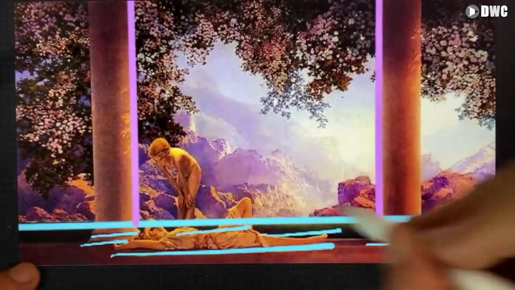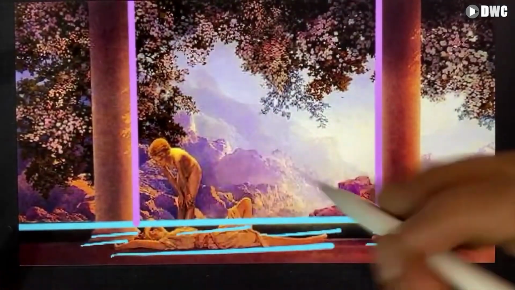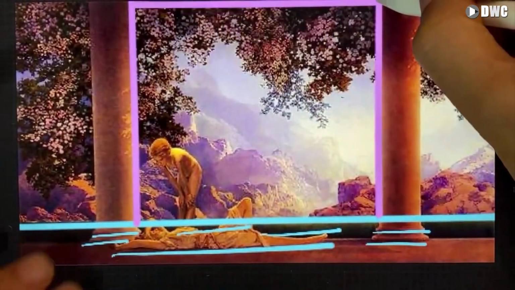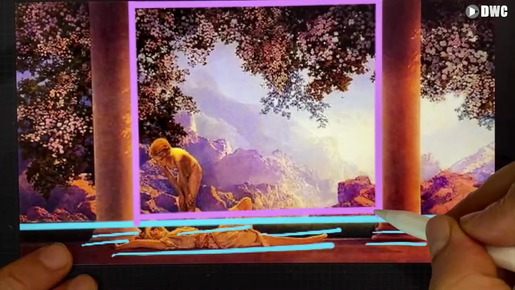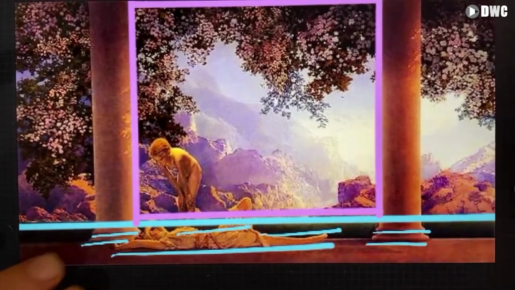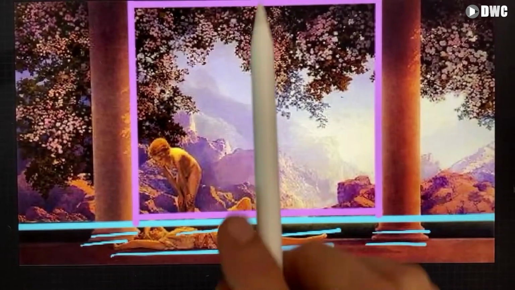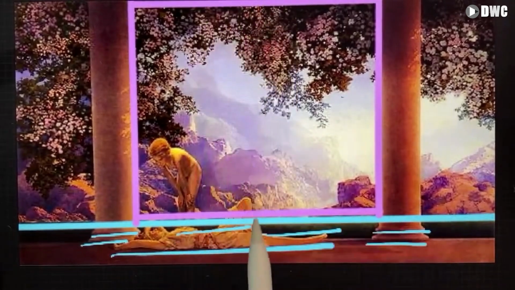And I just caught this too. It's in the center. So this thing is dead center.